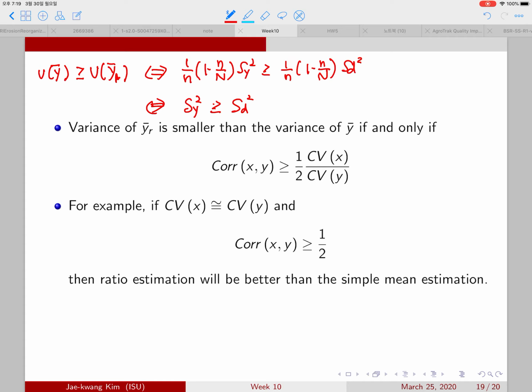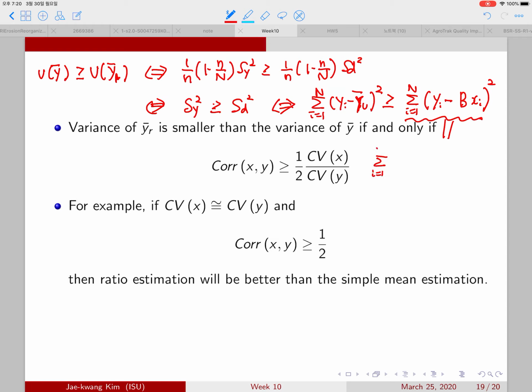So basically you have only to compare the summation i equal to 1 to N of yi minus y bar U square, compare, okay, let's write it one by one, with yi minus b xi square. And now you can write it as yi minus y bar U minus b times xi minus x bar U square.